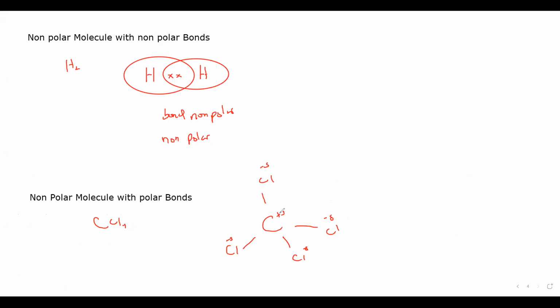Basically, these chlorine atoms are attracting the bonded pair, but because the molecule is symmetrical, it is like a box experiencing 10 newtons from the left, 10 newtons from the right, 10 newtons from the top, and 10 newtons from the bottom. So what is the resultant force on this box?